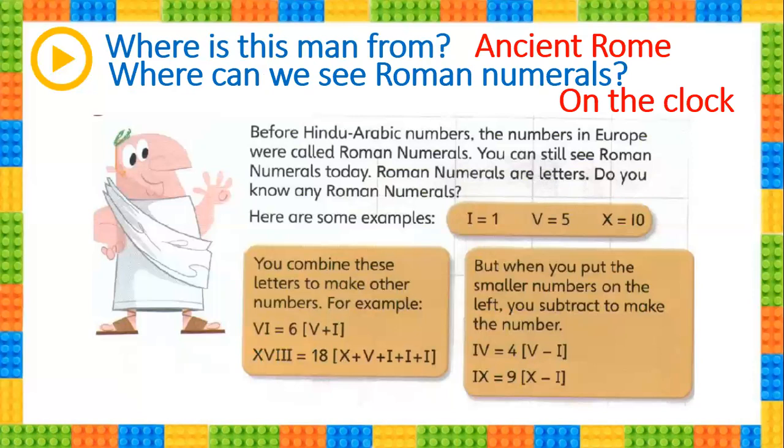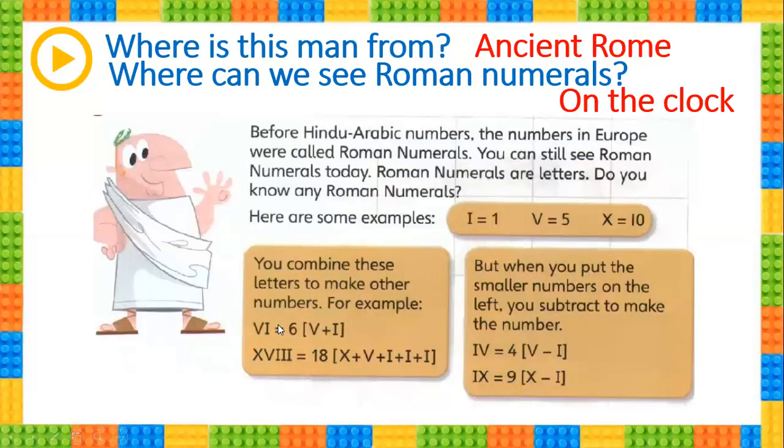We said that Roman numerals are expressed with letters. I stands for 1, V stands for 5, X stands for 10. If we want to make bigger numbers, we put these symbols together with the bigger one on the left each time. For example, 5 is of course bigger than 1.